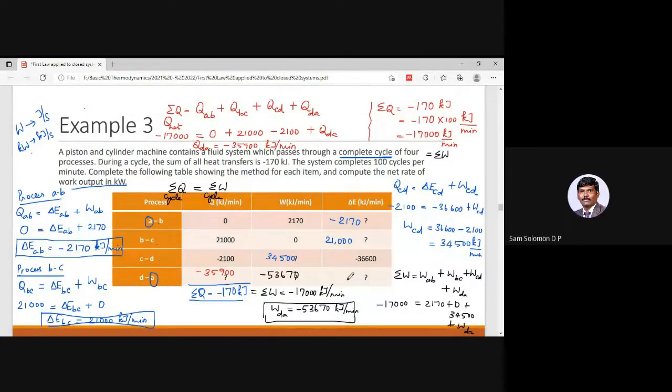I will give you one condition. You can use QDA equal to delta EDA plus WDA, and that will give you the right answer. But I don't want you to use that equation. I want you to use some other equation.